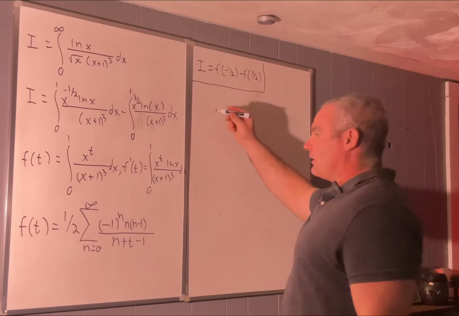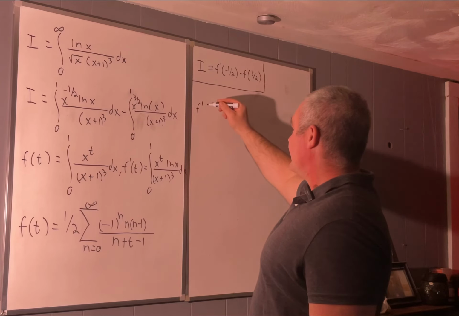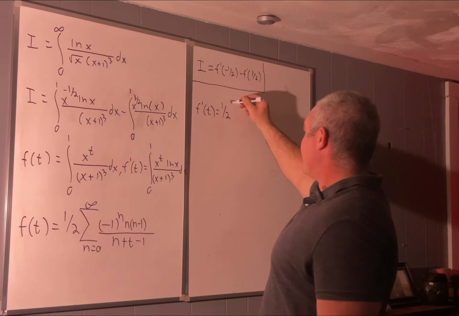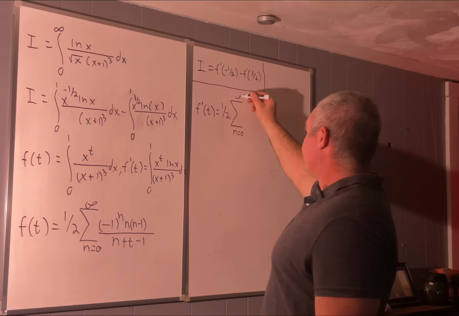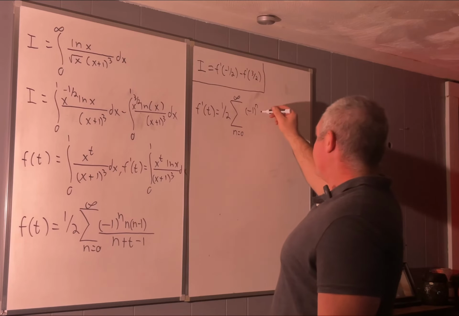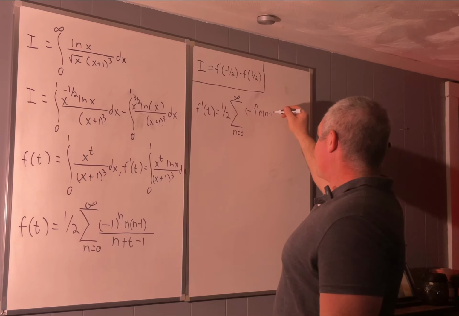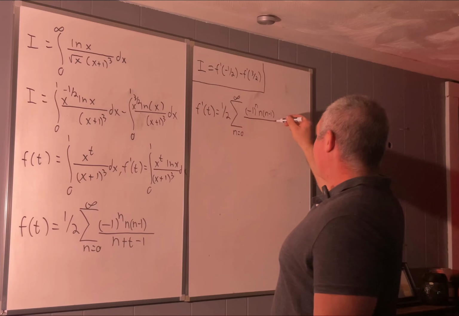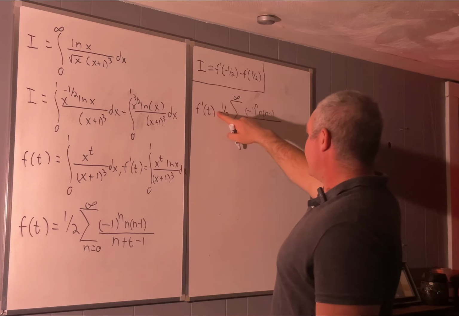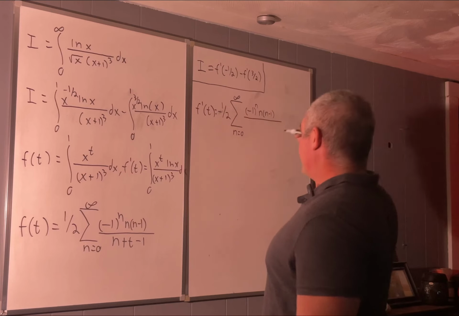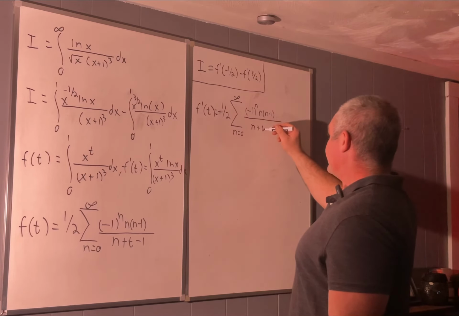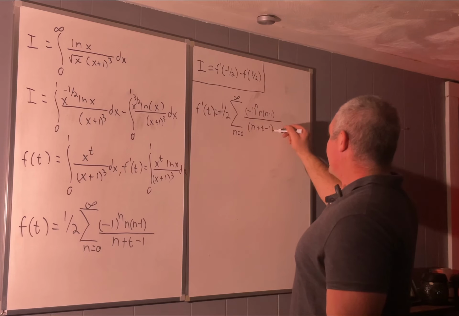So our f prime of t is going to be equal to 1 half the sum as n goes from 0 to infinity of negative 1 to the n times n minus 1 all over negative, which we will bring outside, so that's going to be a negative 1 half, equals negative 1 half, and this will be n plus t minus 1 all squared.